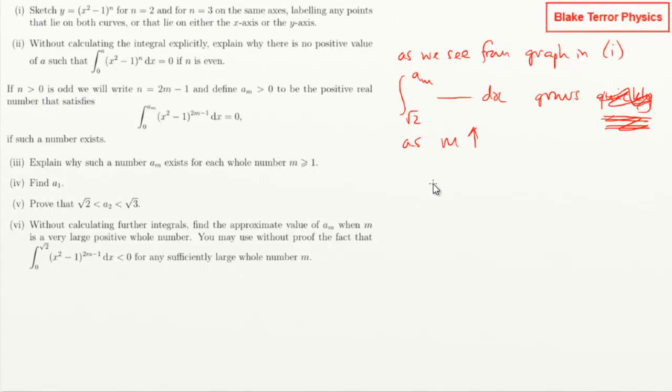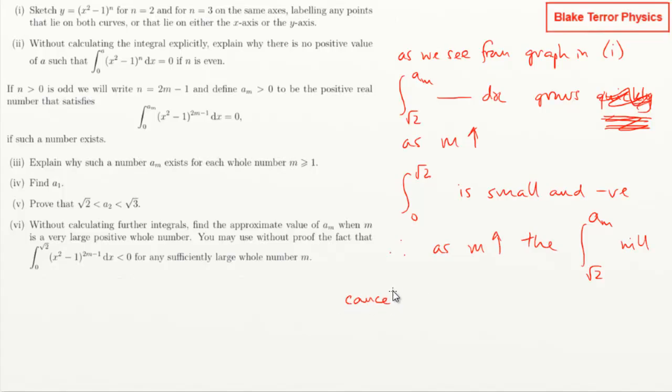So the integral from 0 to root 2 is small and negative. Therefore, as m increases, the integral from root 2 to am will cancel out the integral from 0 to root 2 quicker and quicker.